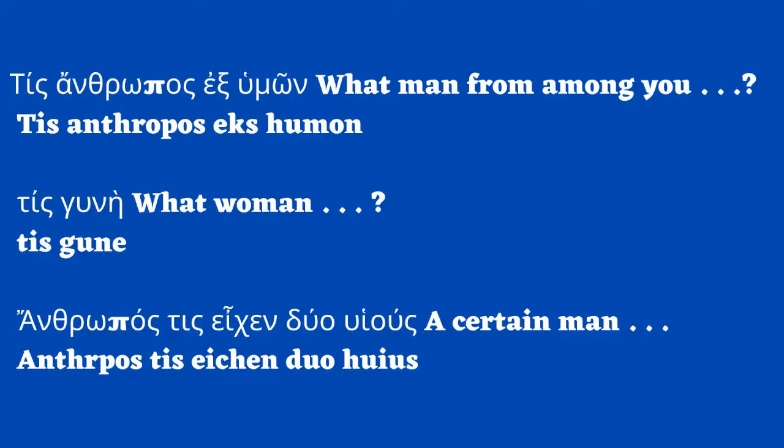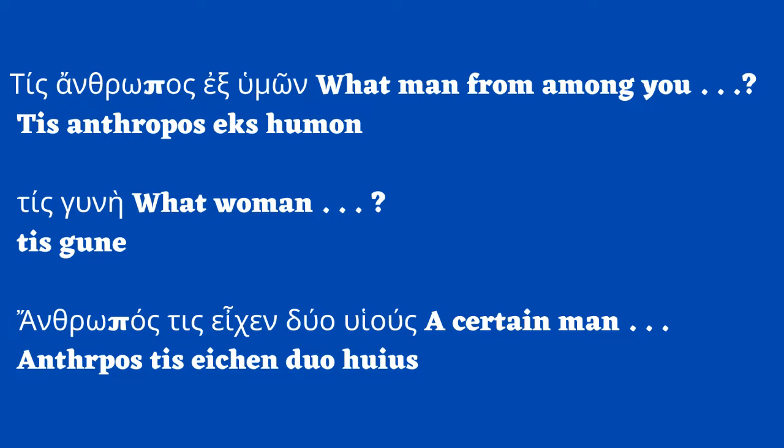But there's something really interesting about this parable and how it starts compared to how the other two start. So let's take a look at an interesting little particle. Here we have in the top line the beginning of the parable of the lost sheep. Tis anthropos ex humon. What man from among you?